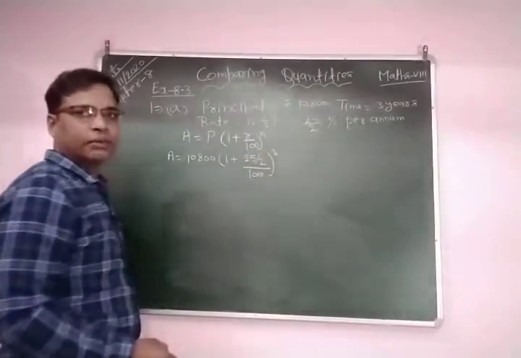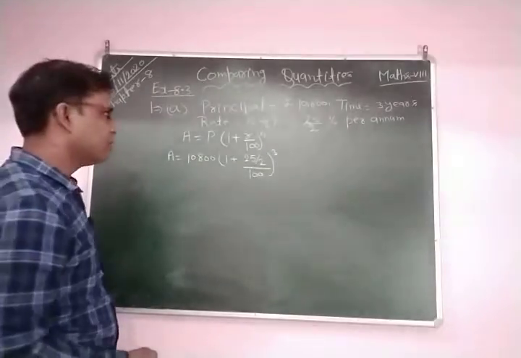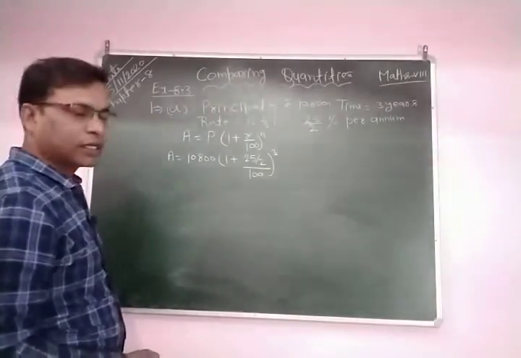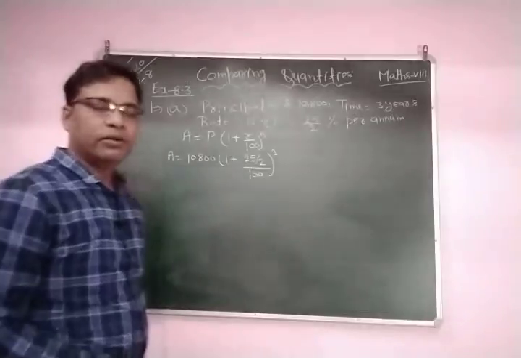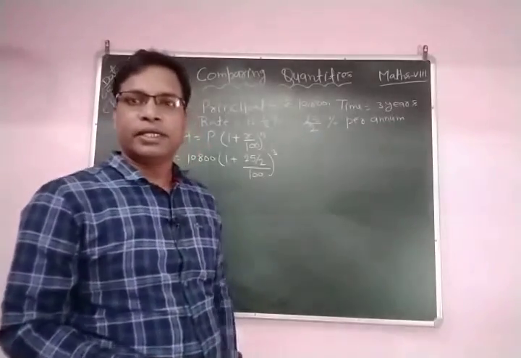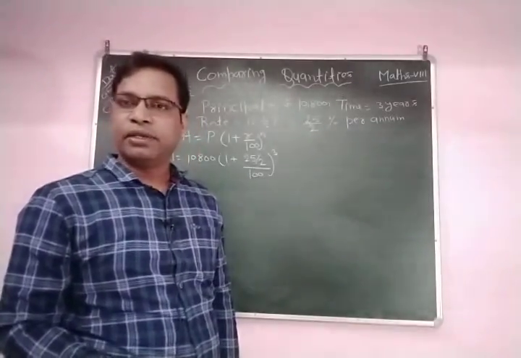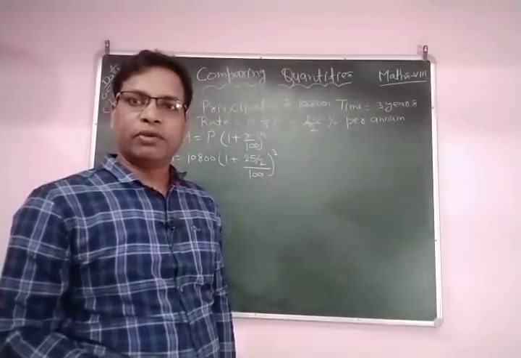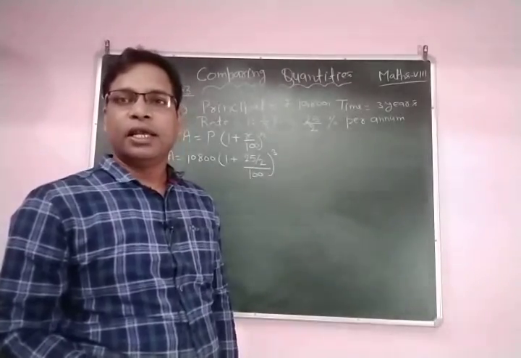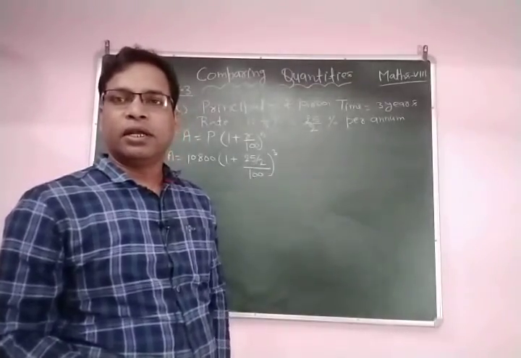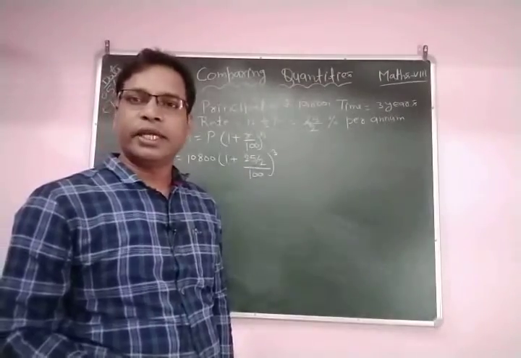Clear? We need to find the amount and the compound interest for 3 years at the rate of 12.5 percent, for principal 10,800.